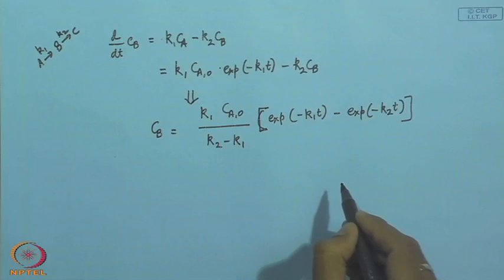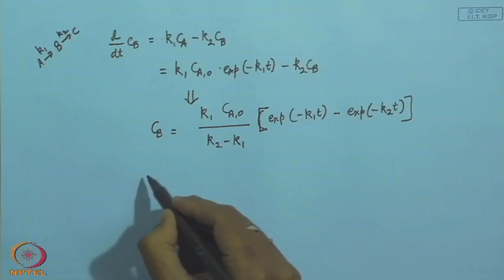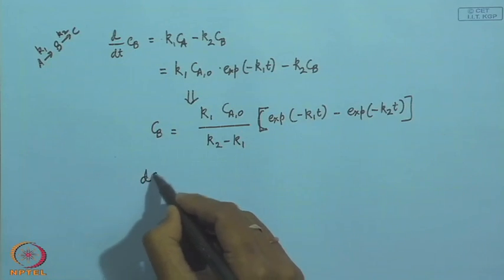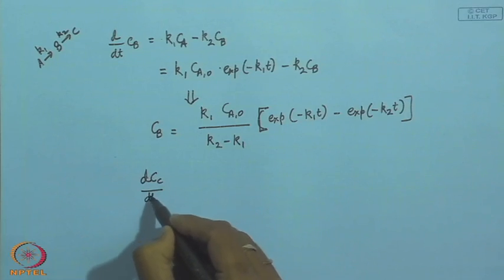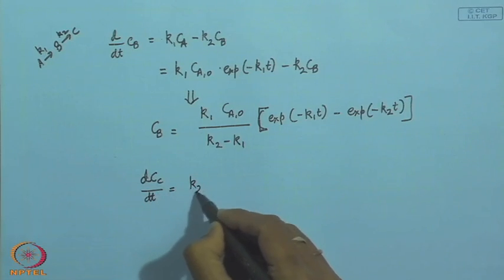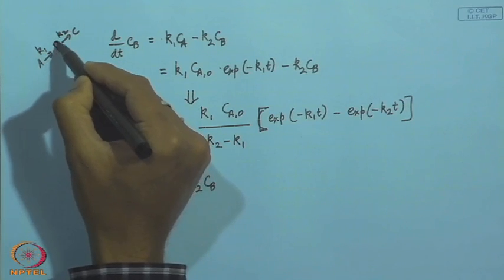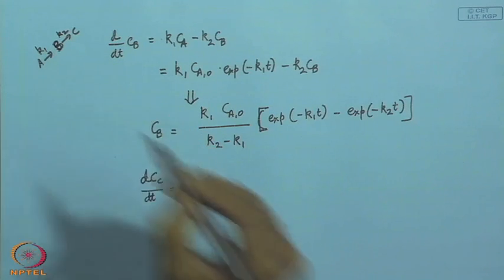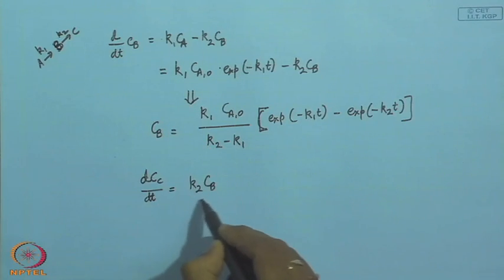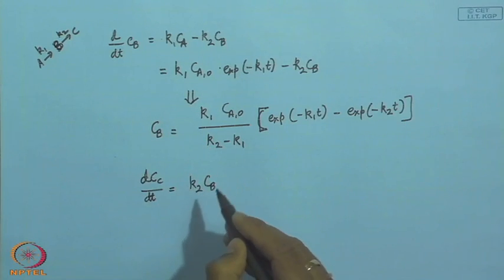You can try this by yourself. And also dCC/dt is equal to K2 CB, because C is produced only from B, that is why this has only a single term.